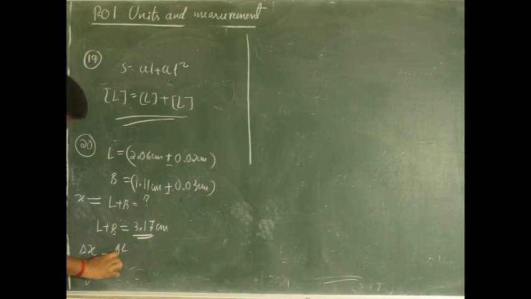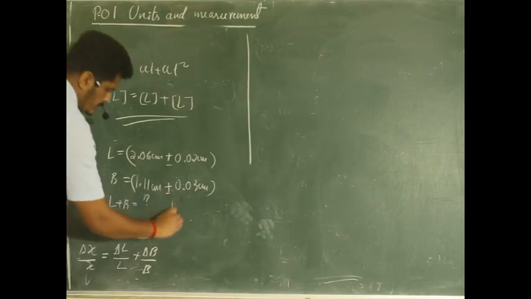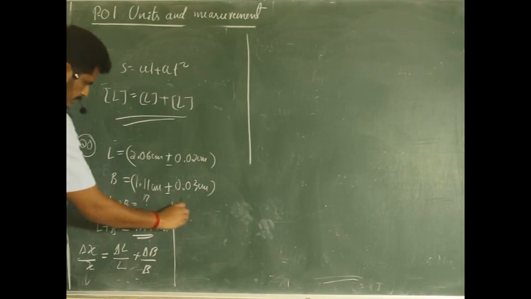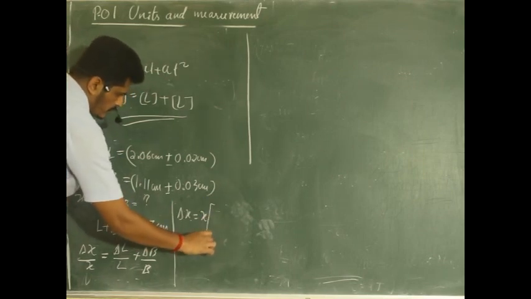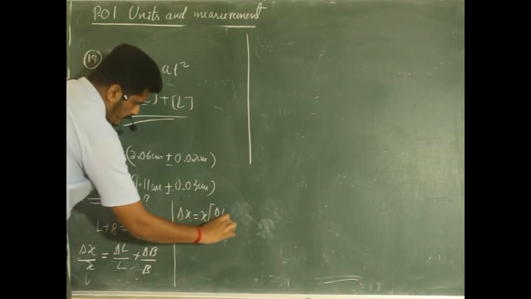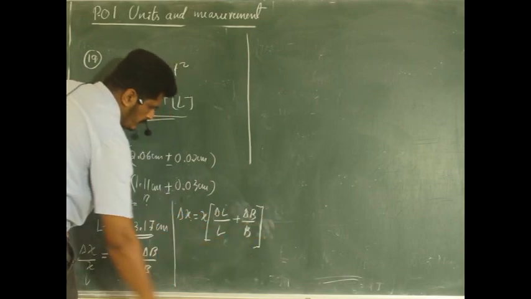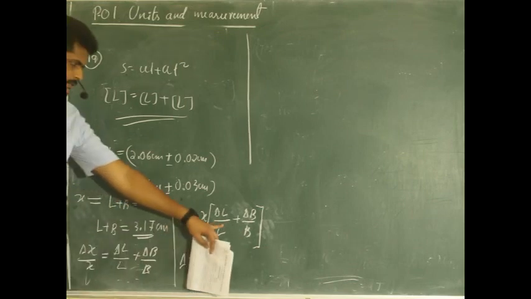That means delta L by L plus delta B by B. Taking the denominator as well as numerator, delta x equals x into delta L by L plus delta B by B. Finally you have to find delta x, because all the given data are present here.